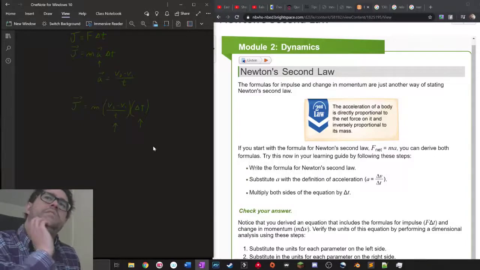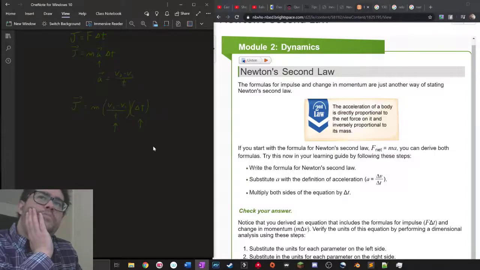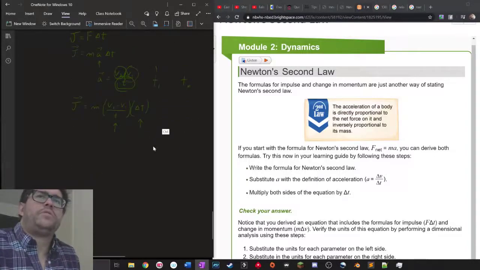Now, the question is: is delta t here the same as t here? Let's think about the idea. The person went from velocity 1 to velocity 2. It took them a certain time to do that. In that time, we had t1 and t2, which was the start and the end of our scenario. Let me do my better drawing.